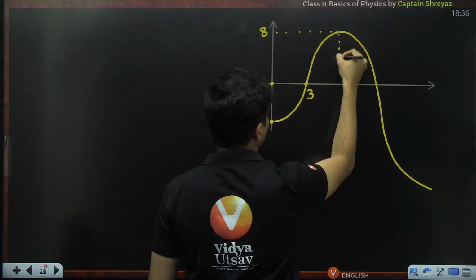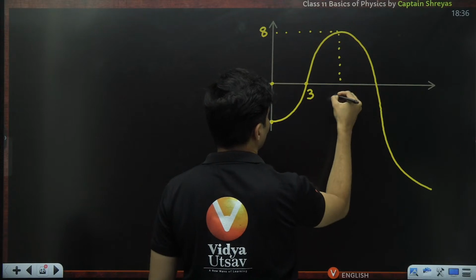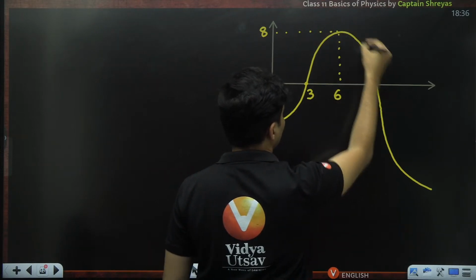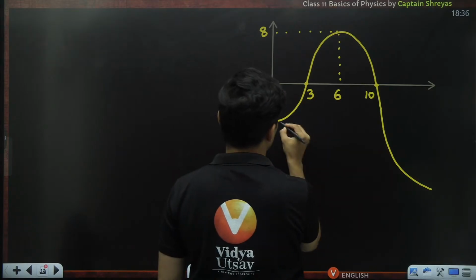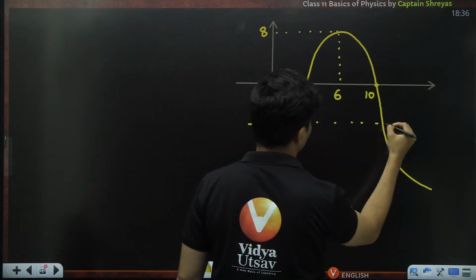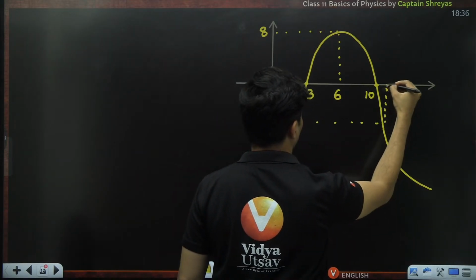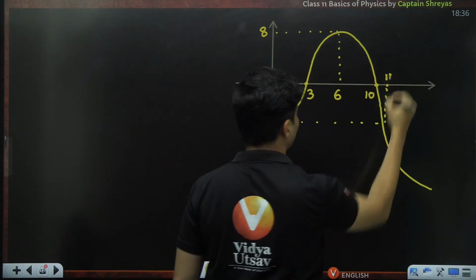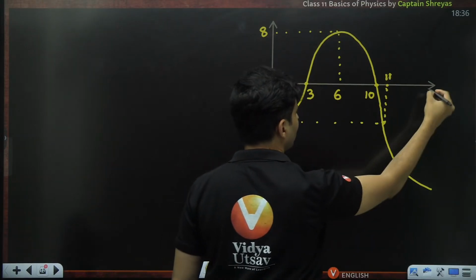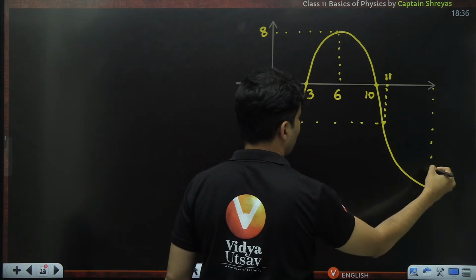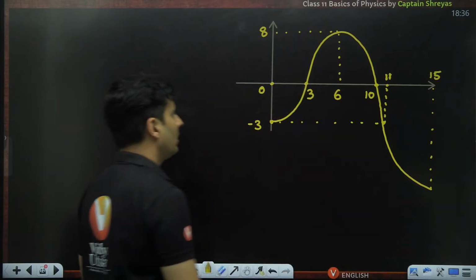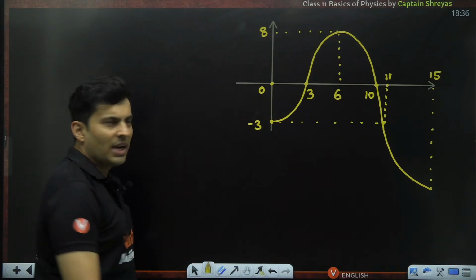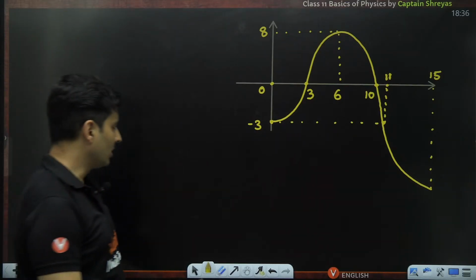And let's say this is maybe 6. Let's say this is 10. Let's say this is 11. Okay, I have just put some values, and maybe over here this is 15. Okay, so some random values I have taken of a random curve.